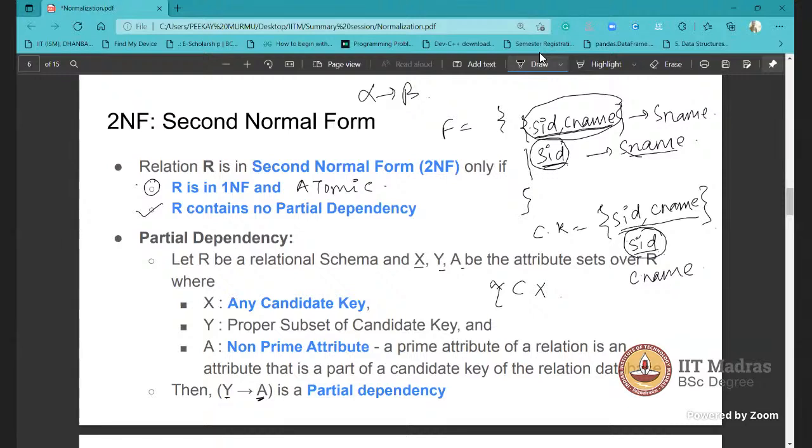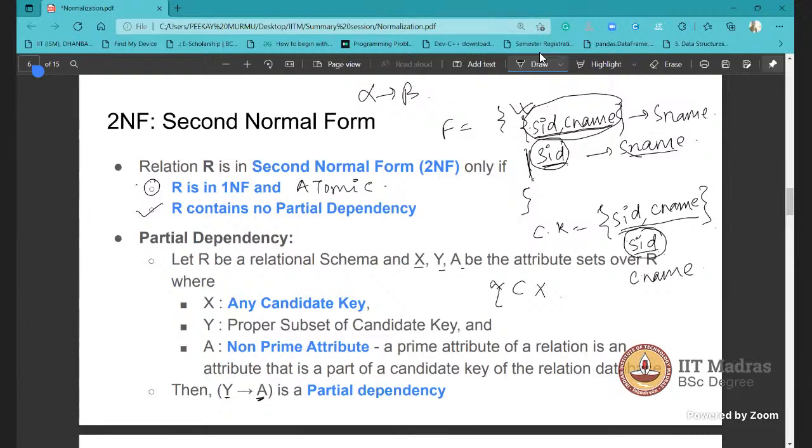So this functional dependency is not a proper subset of a candidate key, so it does not violate the second normal form, right? So this is fine, but we have to check this functional dependency. This is a proper subset of the candidate key, and it violates the second normal form.